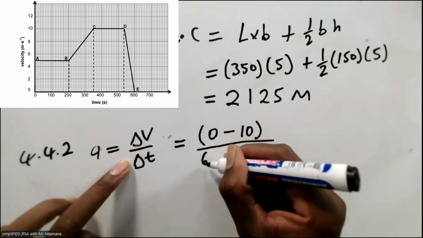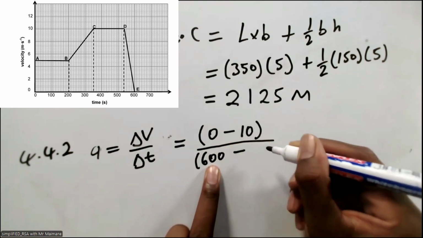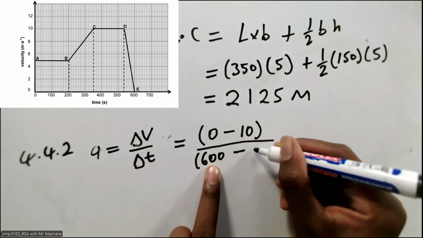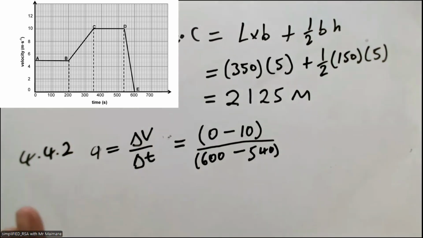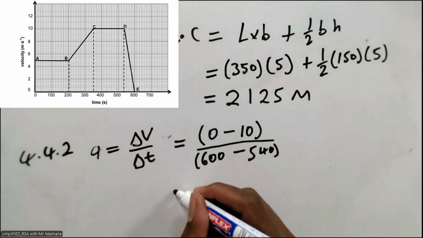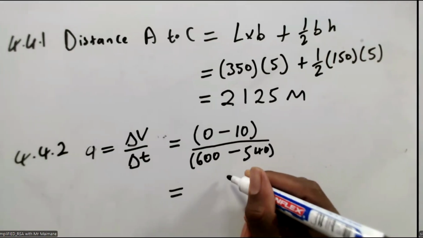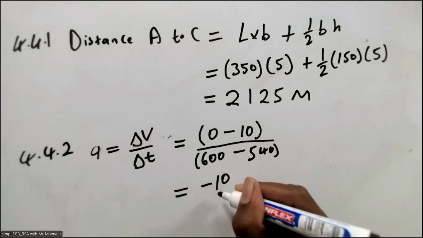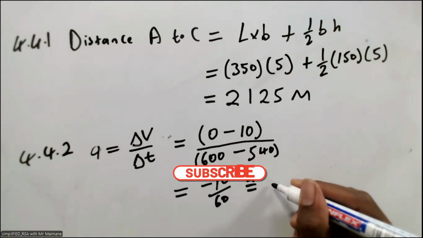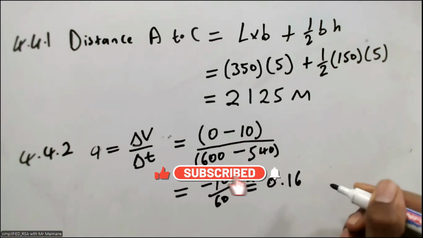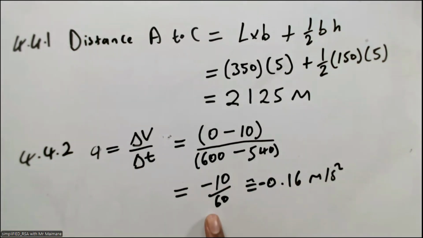And the change in time would be 600, because she stops at 600, minus roughly 540, just to be a bit accurate. So here we would have minus 10 over 60. Therefore, this is approximately 0.16 meters per second squared, but it has to be negative because it's minus 10 divided by 60.